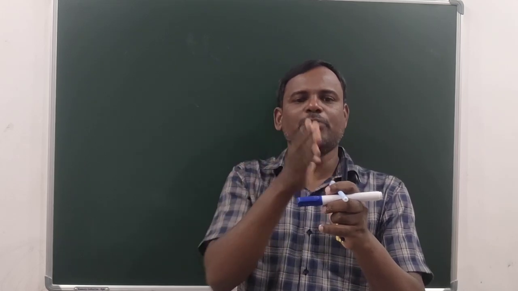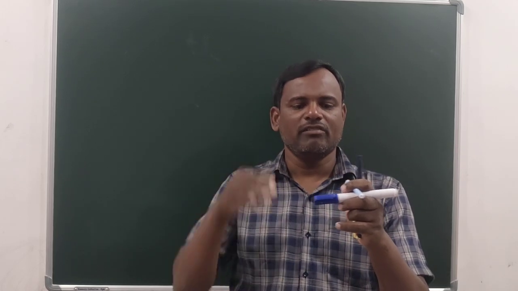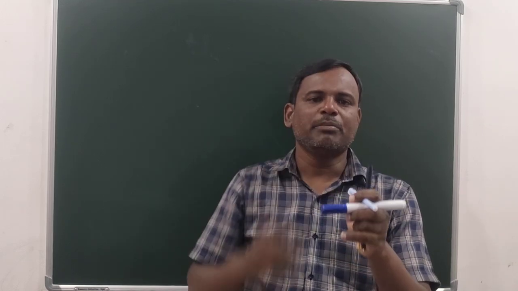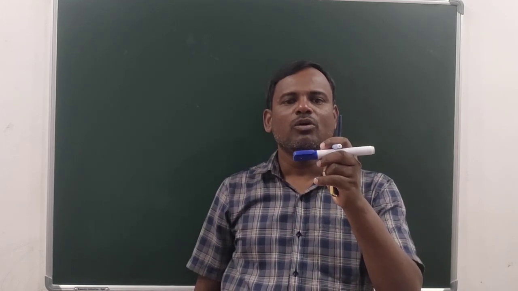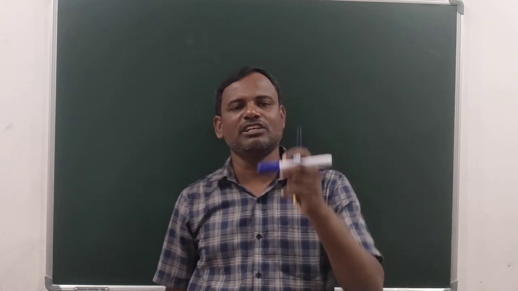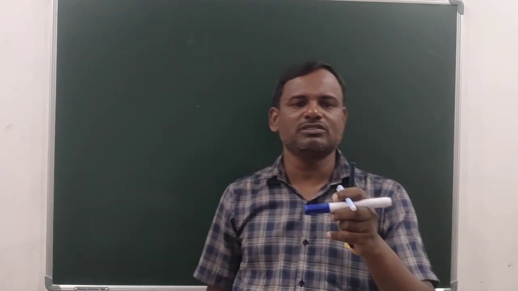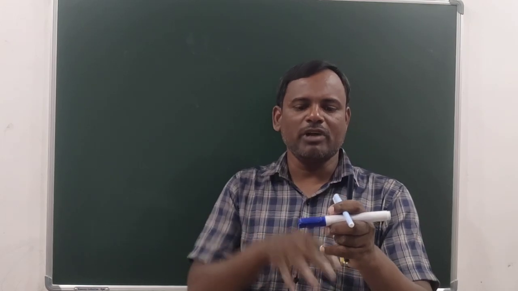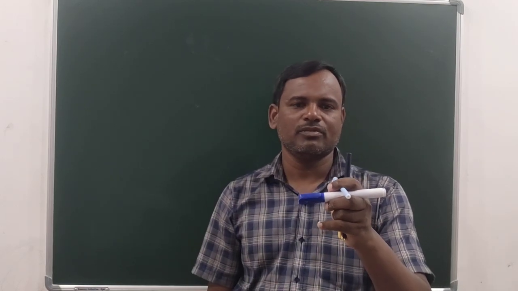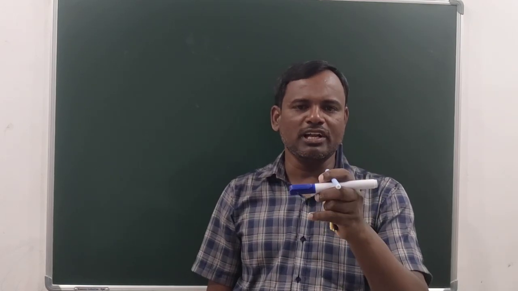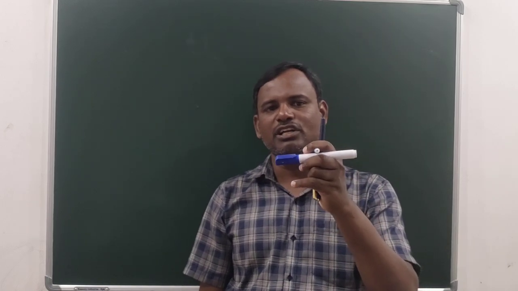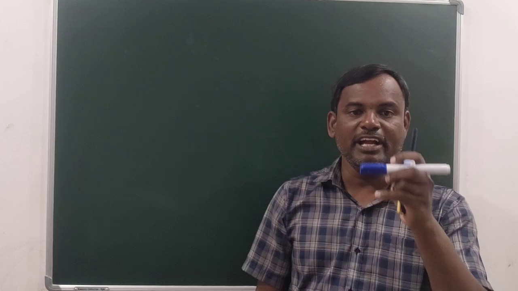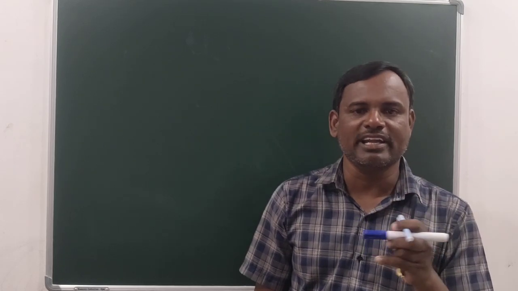By these 3 planes, this space divides into 8 parts. So 4 are above this system and 4 are below. Totally this space divides into 8 parts. Those 8 parts are said to be octants.